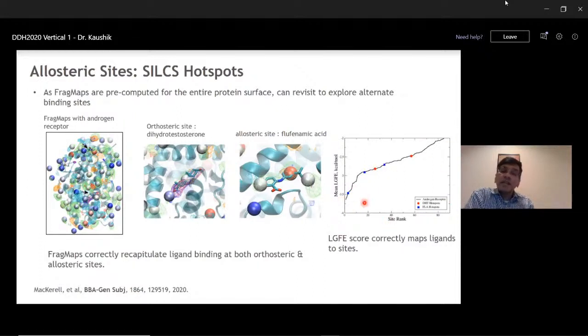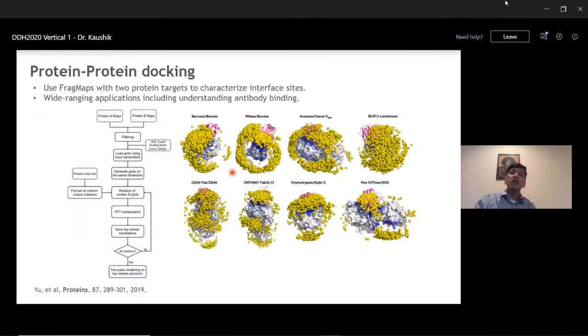So the trend is basically correct in the sense that the true binding pocket does register well with the best binding score coming out from the ligand grid free energy approach for a given ligand. So you can then use this as a way to identify potential binding hotspots, not only for an orthosteric binding site, but also for an allosteric binding site.